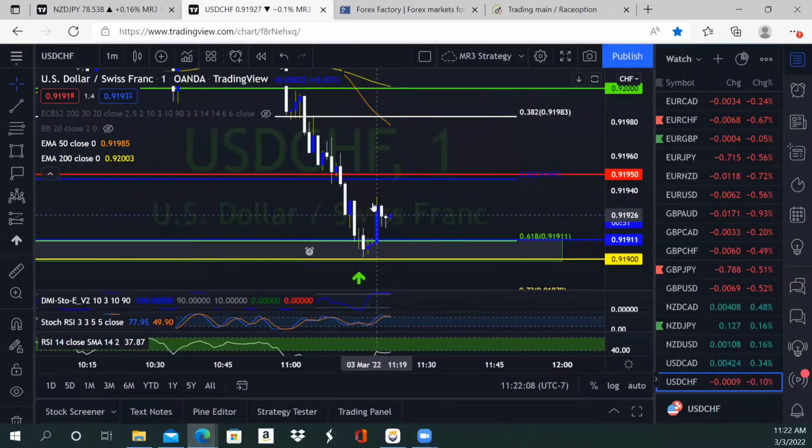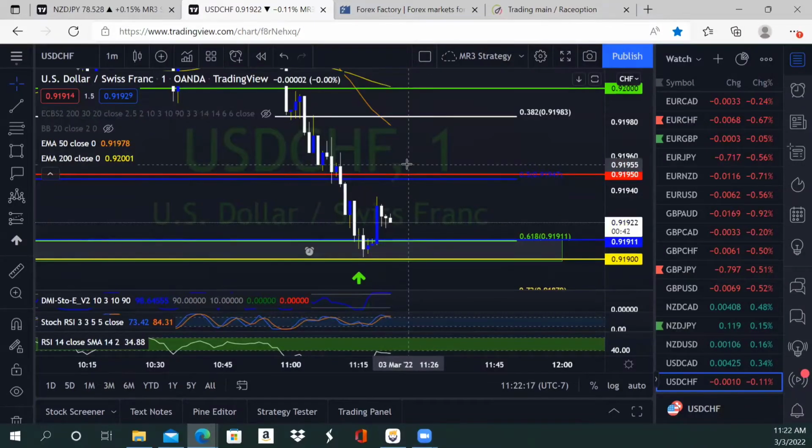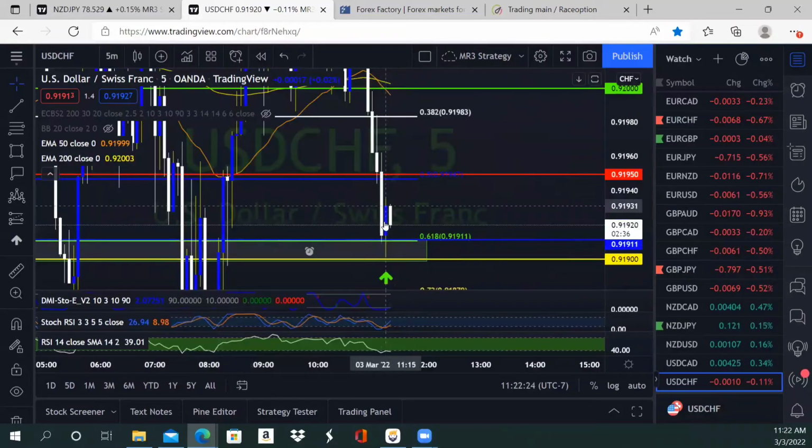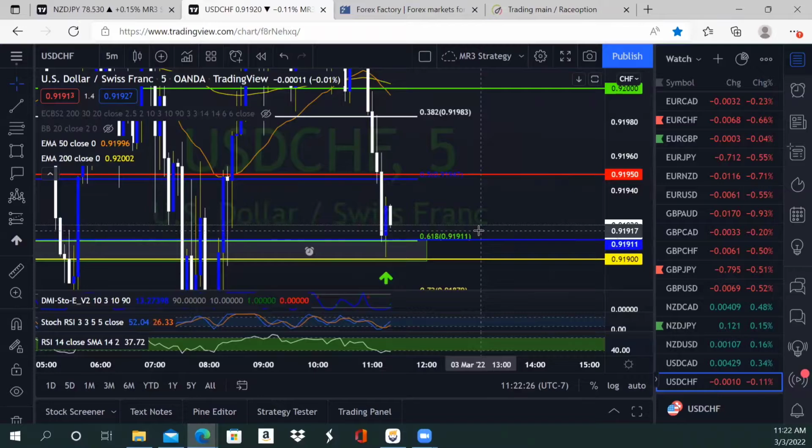See, we have a bullish engulfing candle. So we have at least a 50% retracement of that candle before it could continue going up. So looking at it on the 5 minute, all that move was just this. Okay.